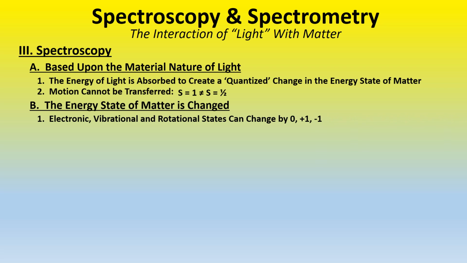The energy of the photon can be absorbed in increments of 0, plus or minus 1. This can cause changes to the electronic and the vibrational and rotational states of molecules and the electronic states of atoms. However, the spin cannot be changed.